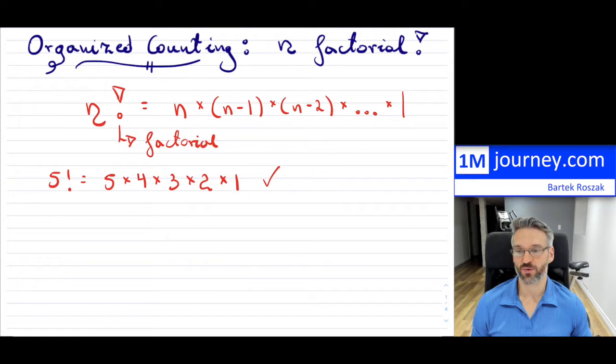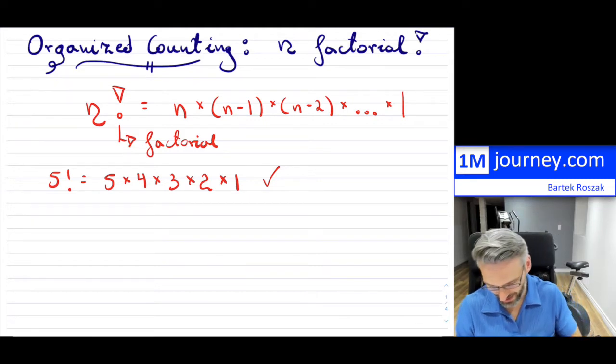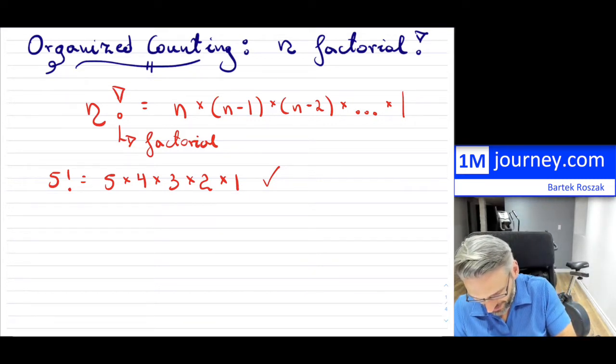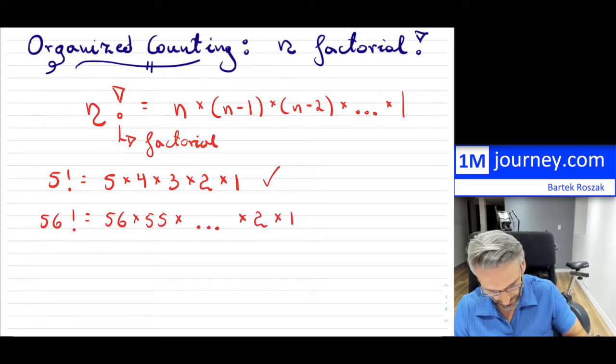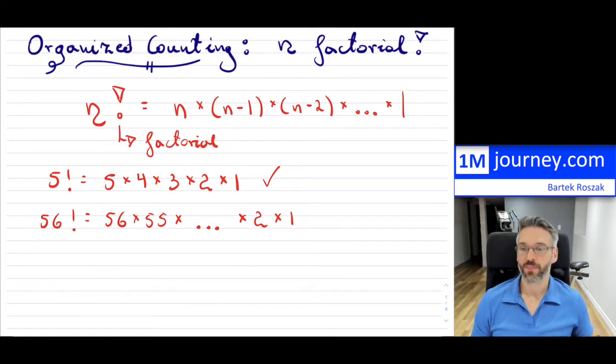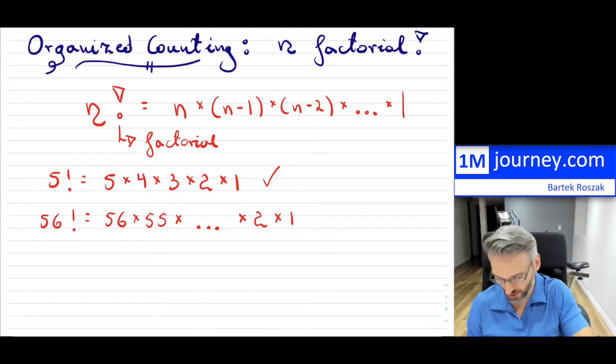So for the smaller ones, it works, but if someone comes along and says you want to find out, let's say, 56 factorial, then writing this out becomes a little bit of a pain because you have to keep doing this until eventually you get to 2 times 1. And clearly that's a lot of integers that we would have to write out. So this shorthand is kind of useful.